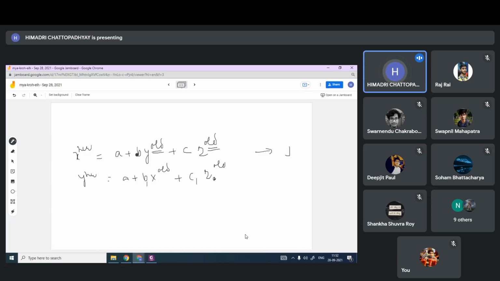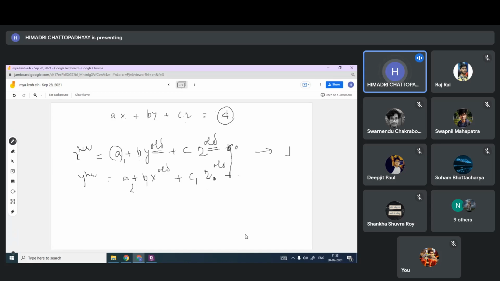Because in any case I have the equation ax plus by plus cz equal to t. So x is some number plus some number into y plus some number into z. Y is some number plus some combination of x and some combination of z.